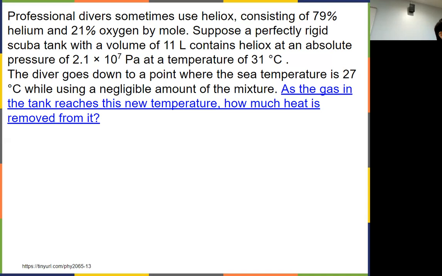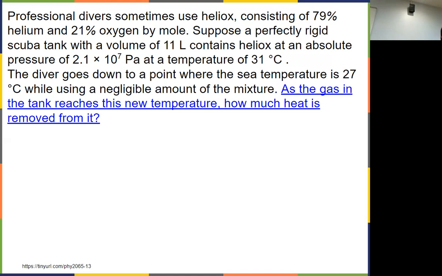So helium is much lighter than nitrogen, so the tank can be lighter than if you fill the tank with air. In this case, you need to have a little bit of chemistry knowledge here.